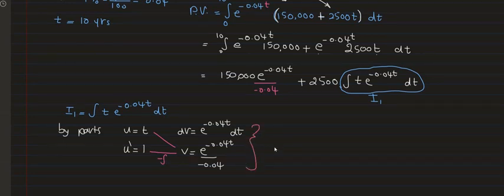So from these two lines, the I1 is u times v, which is t times e to the power negative 0.04 t over negative 0.04, the product of u times v, minus the integration of 1 times that function, and we have just integrated that function. So 1 times this function is going to be exactly as it is.